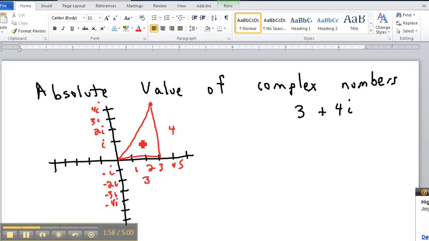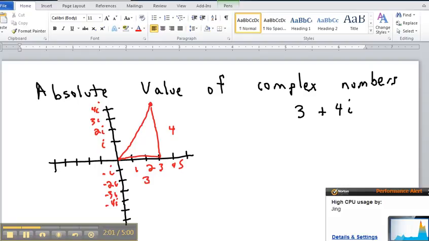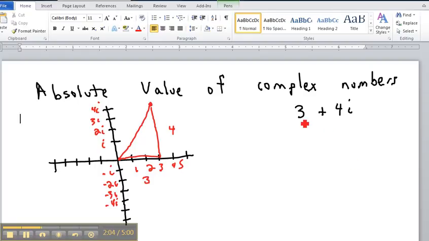But there's a little equation for that, so all you have to do is plug the values in the equation. It looks like this: square root of 3 squared plus 4 squared, and you just do the math. That's 9 plus 16, that's 25. Square root of 25 is 5.